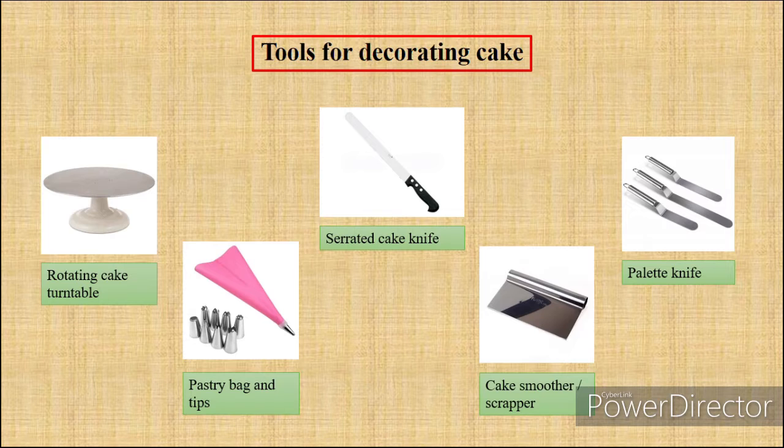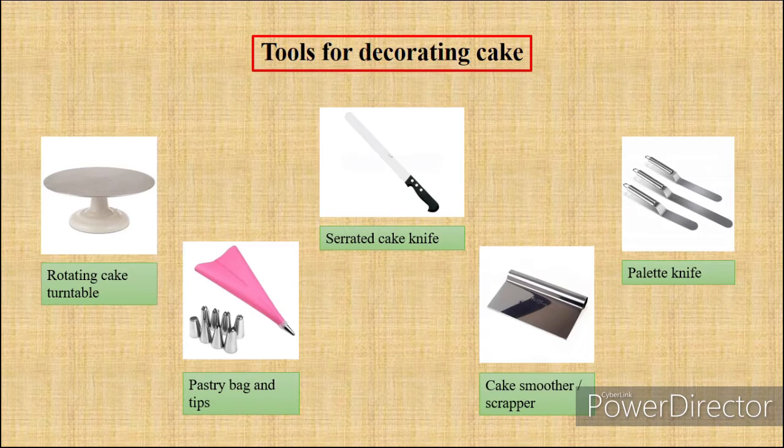Actually, there are many types of tools that we use for decorating cake, but these are just the basic ones, just as examples for you all to know. And I will explain the function of each of the tools. The first one is the rotating cake turntable. It's not absolutely essential, but it will make your task significantly easier.